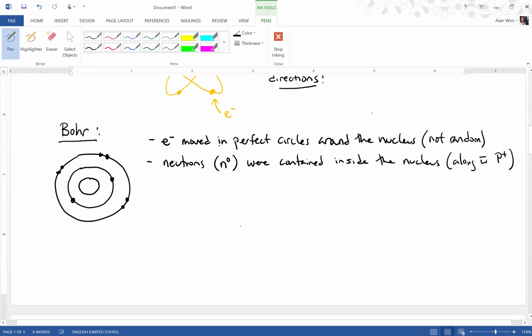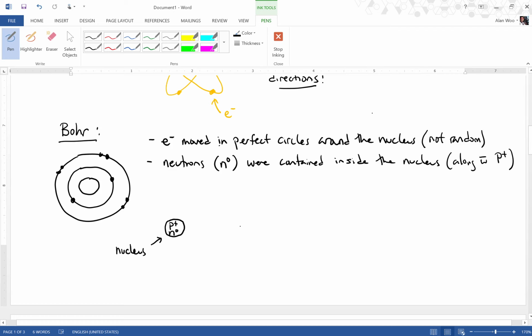So, like I said, we have a different way of writing out these Bohr models. So I'll give you a different way that we can do it. So if I take an atom like this, within the nucleus I have my protons and my neutrons, right? So this is my nucleus.